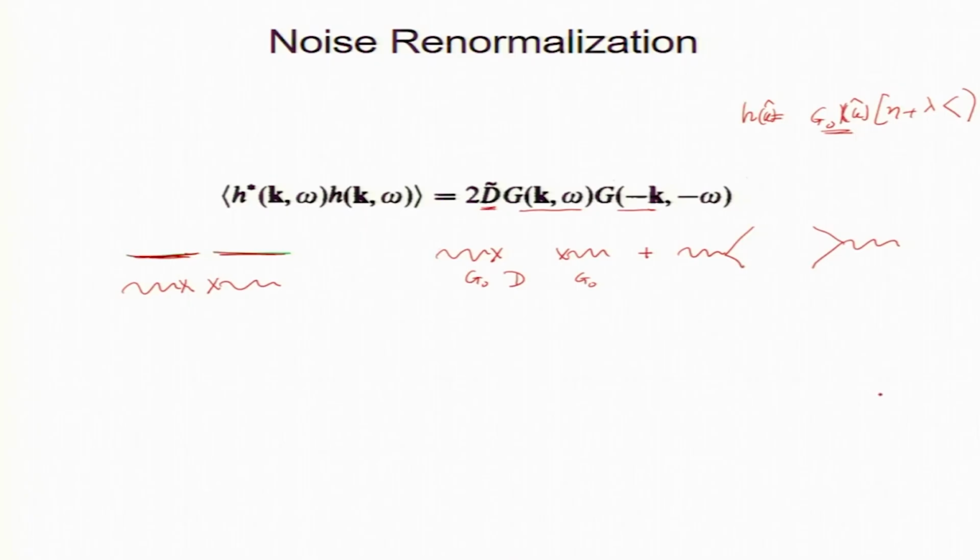Now, every h we write as a noise times G naught times noise. So, we have this, the noise times this and that. Okay. So, we have 4 Green's functions inside. By the way, these Green's functions will be outside.